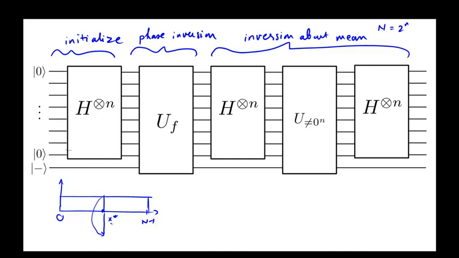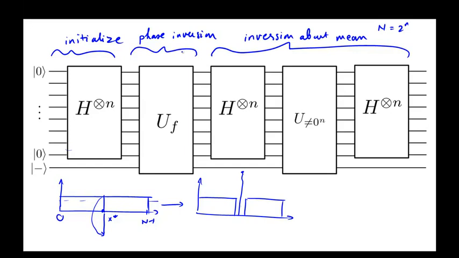Okay, so when we do the inversion about the mean, the amplitude of x star shoots up. And then we want to repeat these two steps over and over again. So we want to do a phase inversion and inversion about the mean. Okay, and so that's what the circuit looks like.